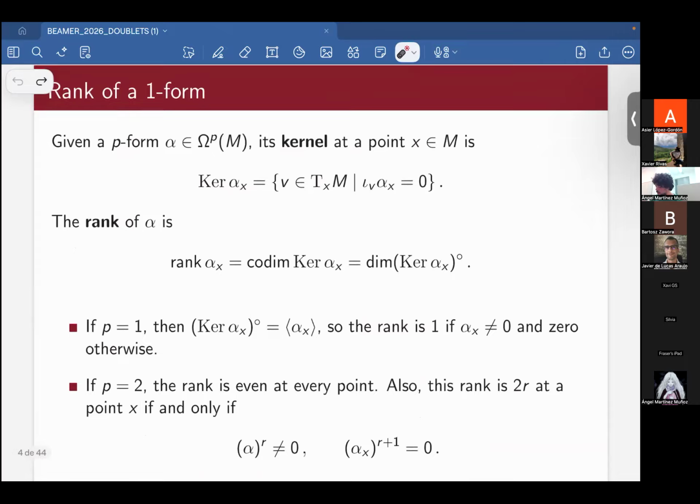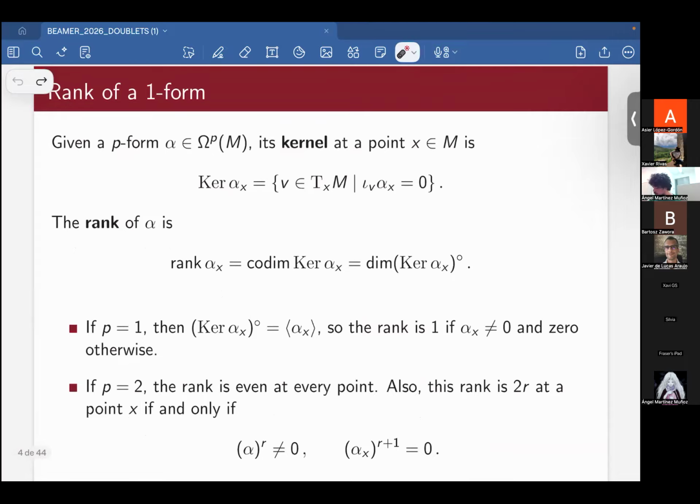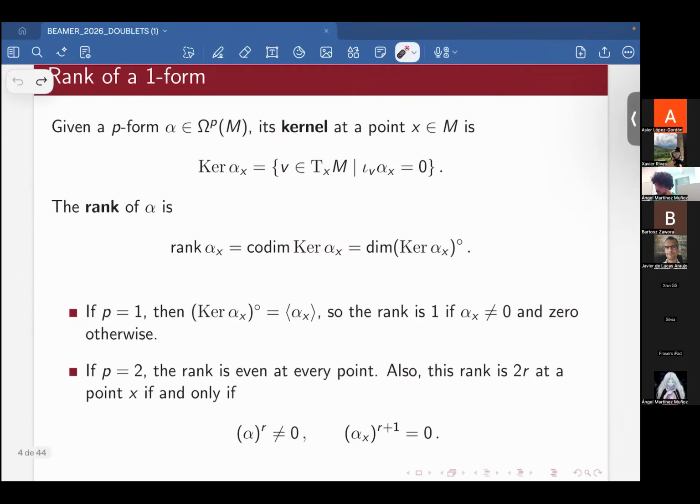So first of all, let me give you a little bit of an introduction, a little bit of the main definitions for this subject. Given a P form, the kernel at a point is just the kernel of the induced map that takes vectors, right? And so it's just this. And then the rank of a form is just the codimension of this kernel.